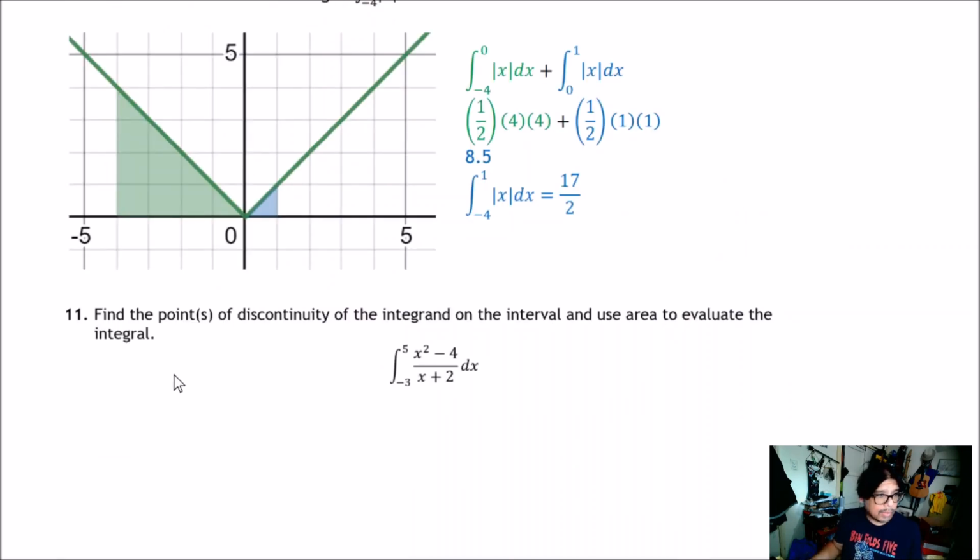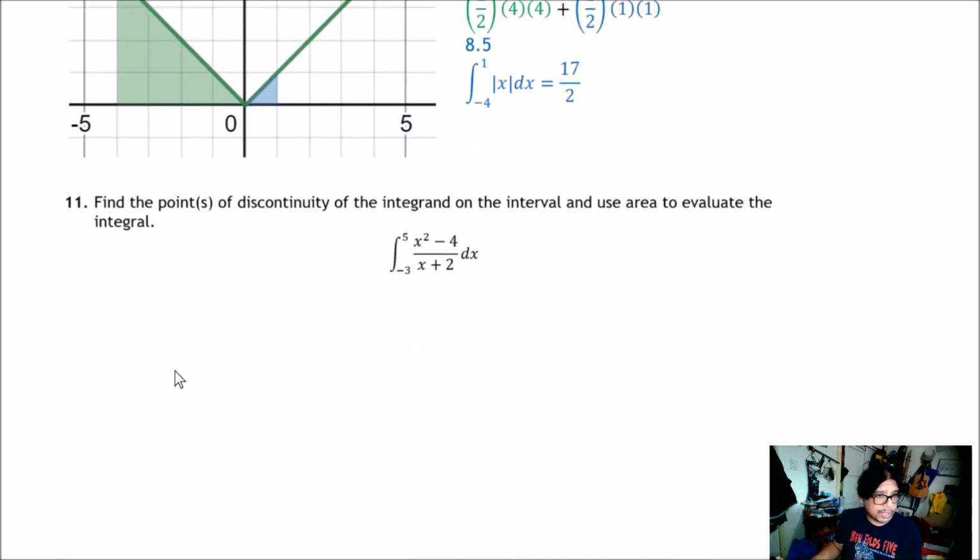Moving right along, we have to find the points of discontinuity of this integral, and then use areas to evaluate that integral. So we have on our denominator x plus 2, and as we know, our denominator cannot be equal to 0. So if we say x plus 2 cannot be equal to 0, then we're also saying that x cannot be equal to -2.